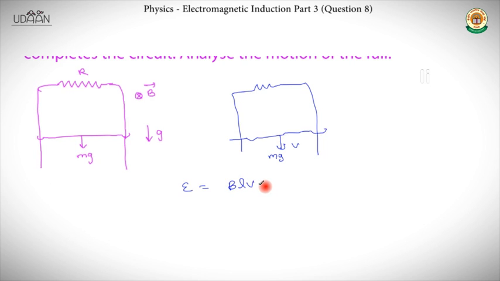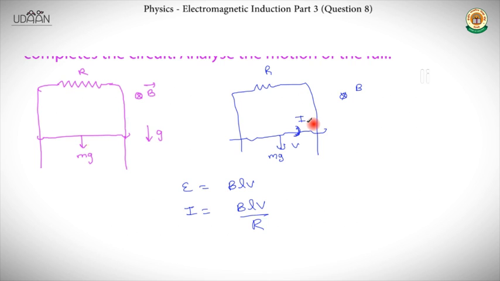And because of this BLV EMF induced in the circuit, the current in the circuit will be BLV by R, and the current in the circuit will oppose the increase in the flux, right?